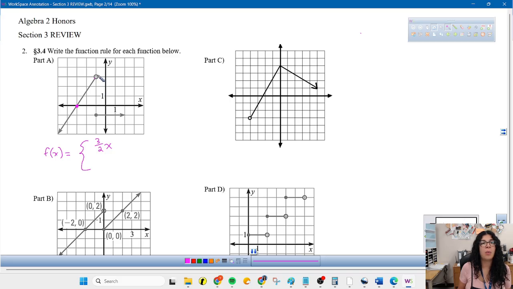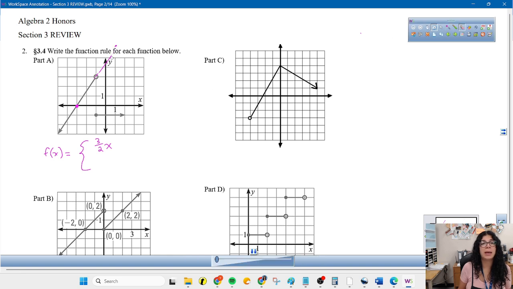And then I need to figure out what the y-intercept is. Now, when I go up 3 and over to the right 2, it's going to fall somewhere in between here, somewhere around like 1, 2, 3, 4, like 4 something. But I don't know exactly what that number is.